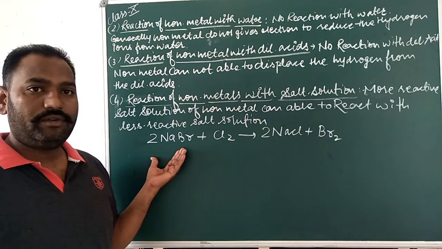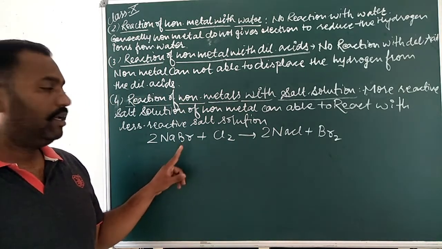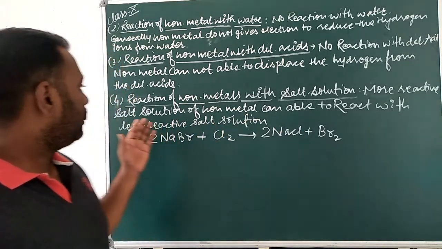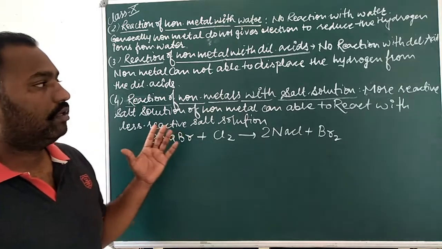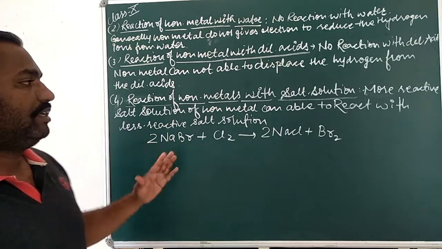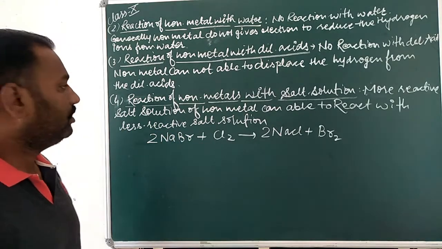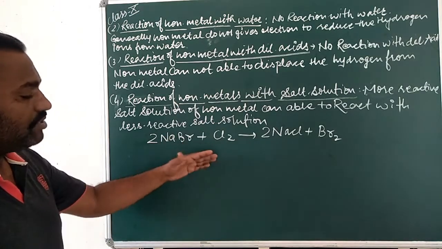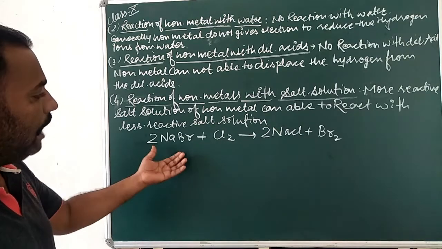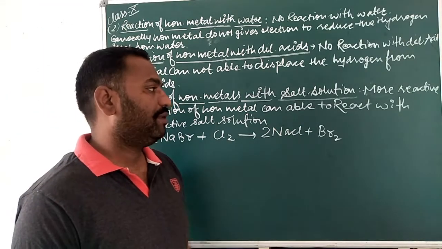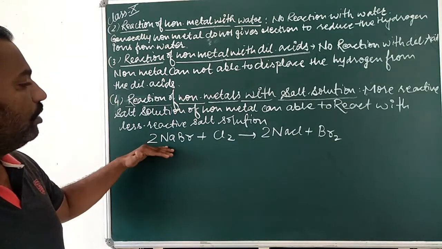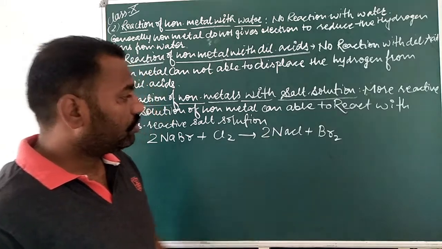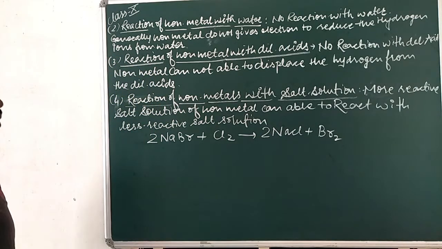So 2NaBr plus Cl2 gives 2NaCl plus Br2. Sodium bromide reacting with chlorine gas forms sodium chloride and bromine gas.